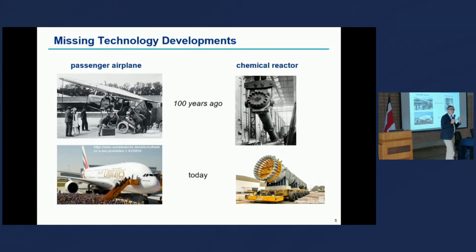There was not this disruptive technology development. And this is a challenge we have to address because we want to move from fossil resources to renewable resources to generate a sustainable world where also our children and the children of our children can live safely.